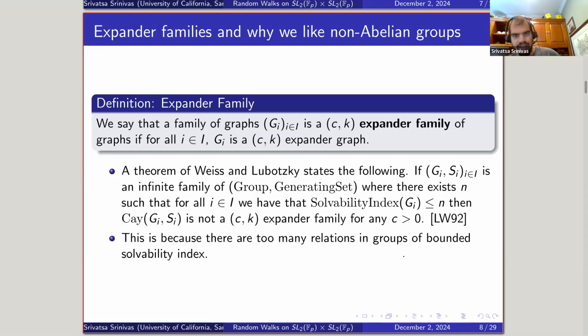So here's a cool theorem of Weiss and Lubotzky. It states the following: if you have a family of groups and generating sets, and there exists an n such that for all i in I, the solvability index of those groups is less than n, where by solvability index I mean the smallest number of commutators you have to take in order to get to the identity, then the Cayley graphs are not an expander family for any c greater than 0.